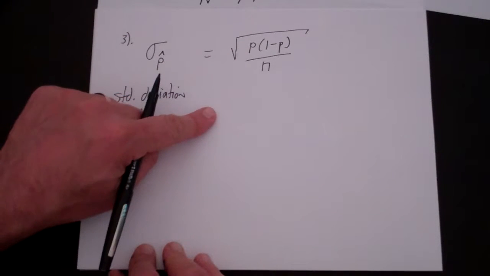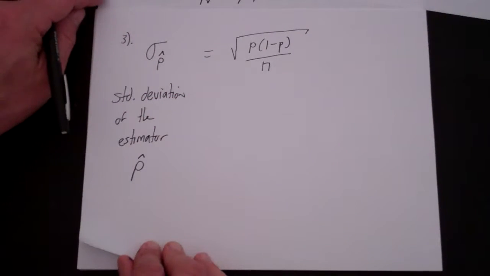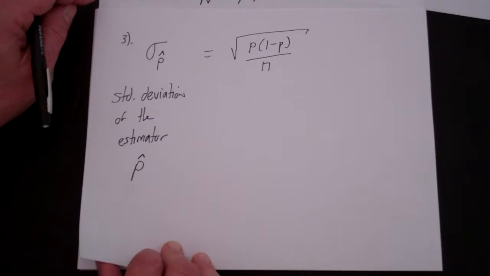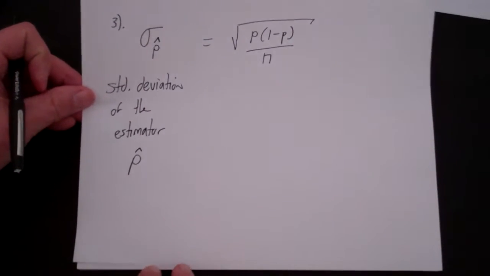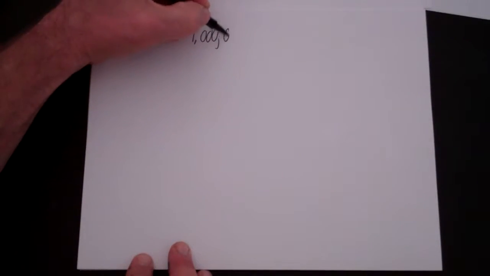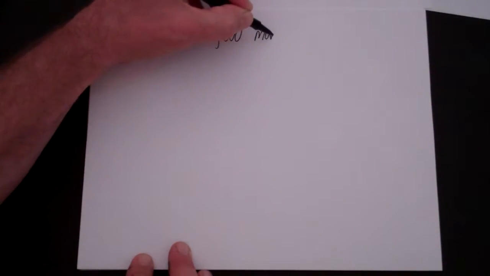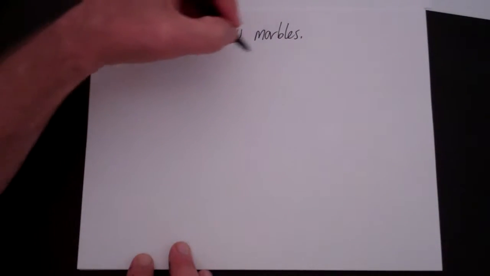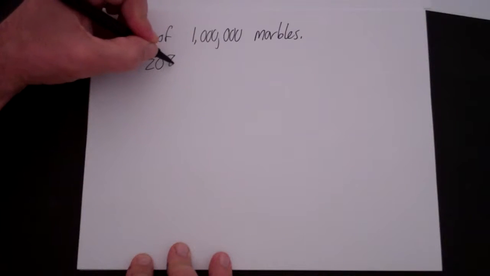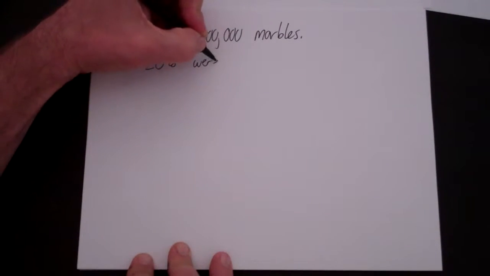In order to give this some meaning, let's do an example. Let's say you had a jar of 1 million marbles, and 20% of them were purple.